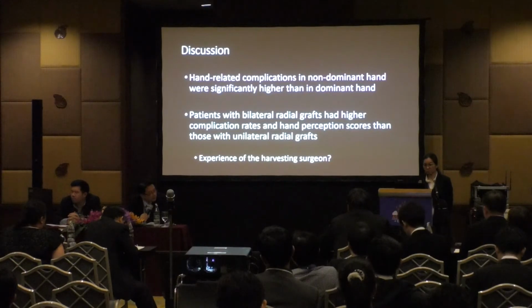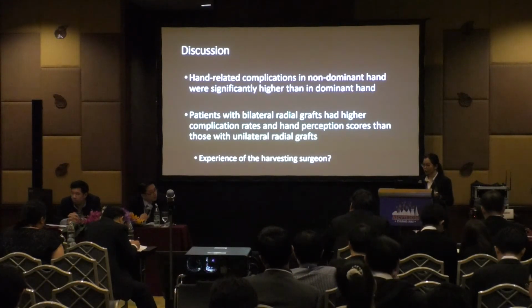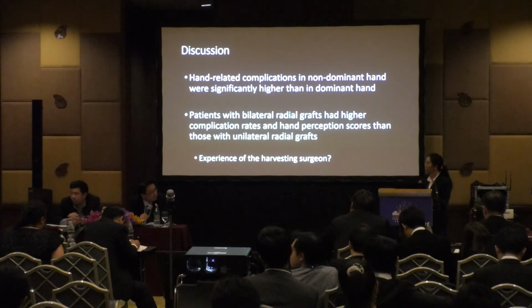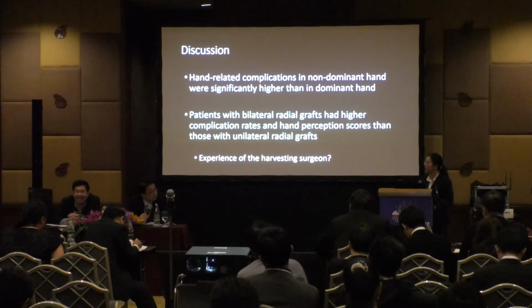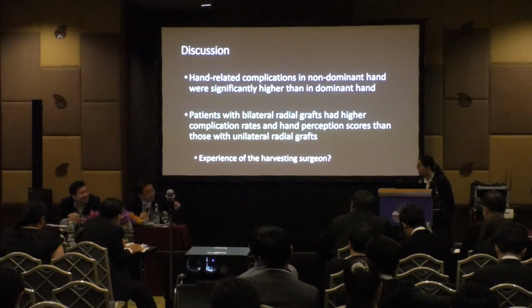Can you explain it? This is a result from a subgroup analysis in the patients that use bilateral radial arteries. When we perform the operation in the bilateral group, we usually assign the experienced surgeon to harvest from the dominant hand. So maybe it leads to more complications than in the non-dominant hand because the less experienced surgeon performs in the non-dominant hand. This is only bilateral patients, right? Yes, only bilateral patients. Okay.